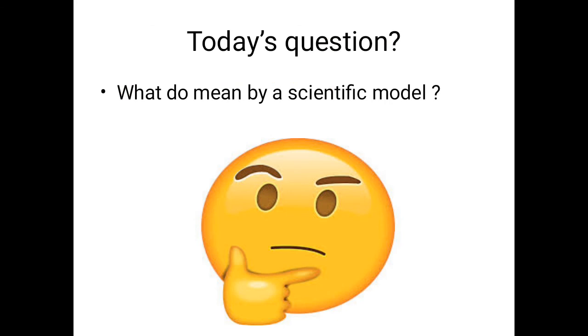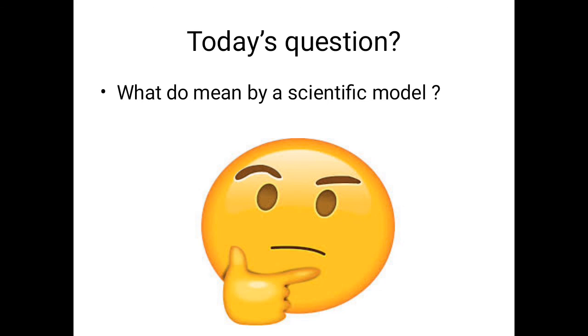Now today's homework is: what do you mean by a scientific model? We have seen so many models of the atom proposed by different scientists at different times. Why is a single proposal or theory or law accepted and why is it rejected? This is the question which needs your interest.